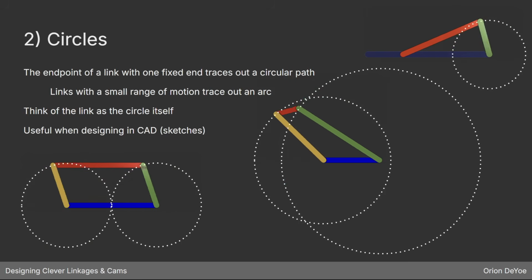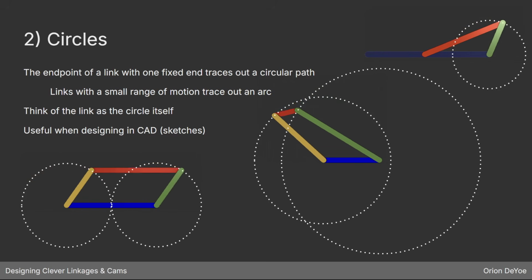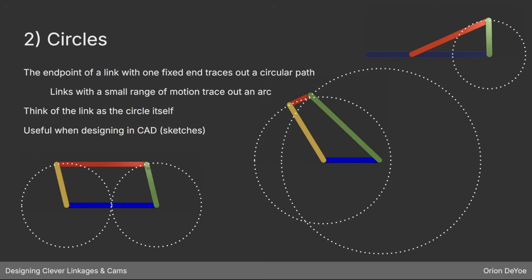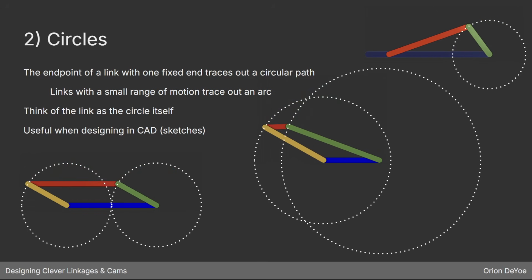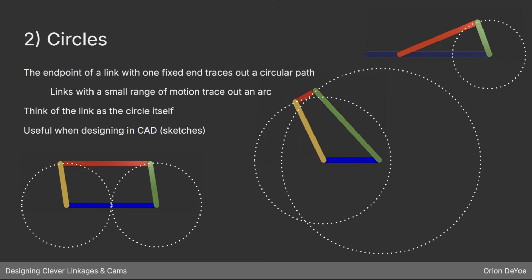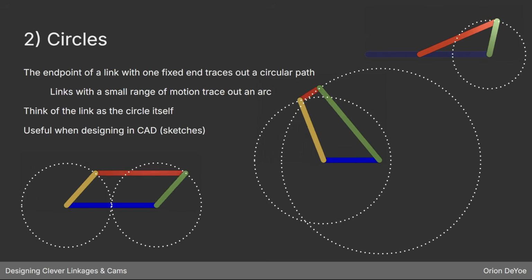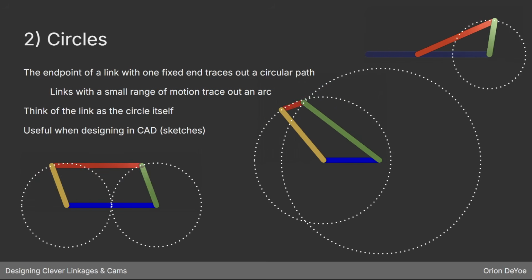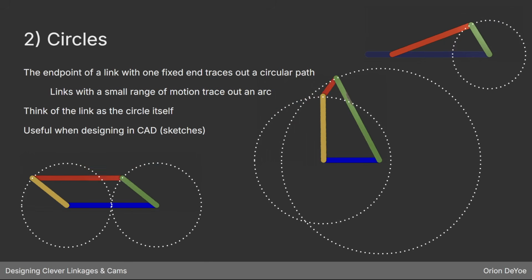Adding on to that, thinking about links as circles is pretty useful, right? The links that are attached to the fixed link are just pivoting around one end, and that's the only thing they're doing. So the other end point of the link traces out this circular arc.